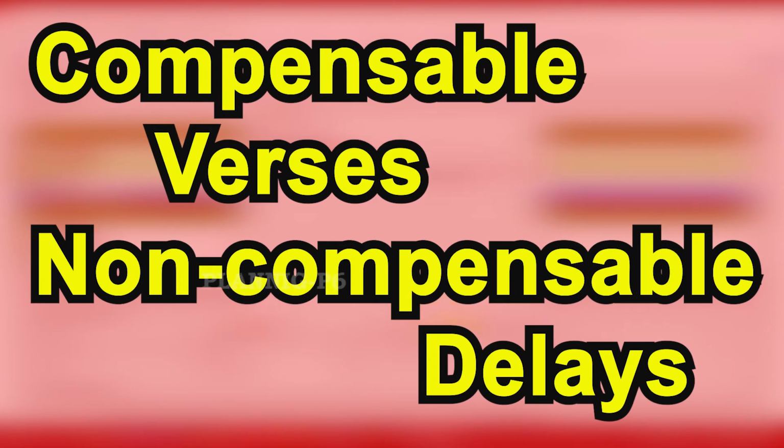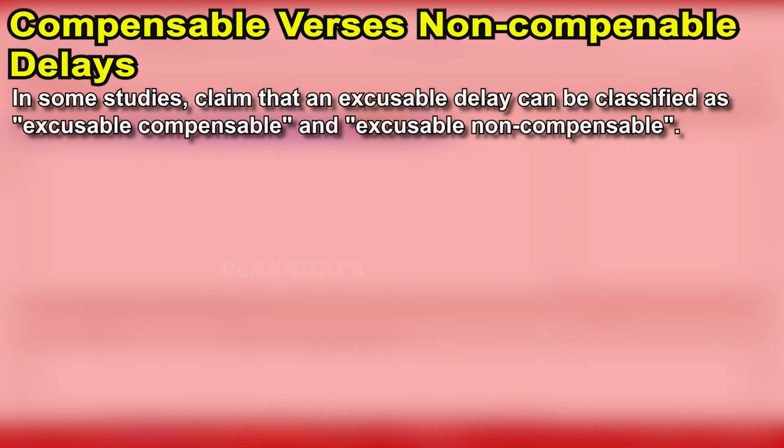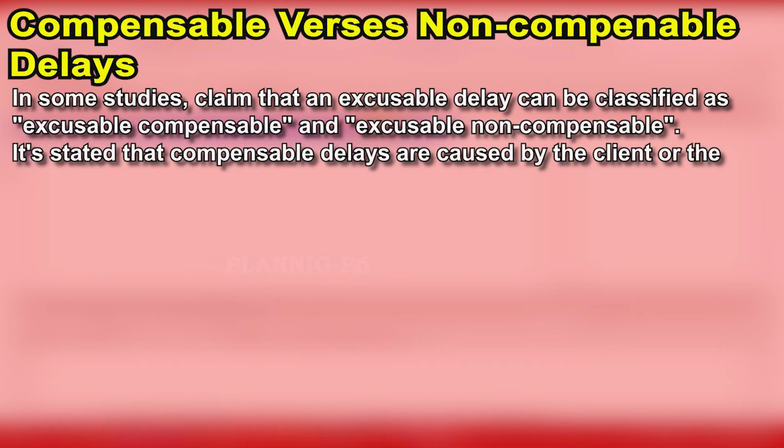Number 8, lack of action by stakeholders such as inspections. Now, under the excusable delays, there are two types of delays: compensable versus non-compensable delays. Some studies claim that excusable delay can be classified as excusable compensable and excusable non-compensable. Compensable delays are caused by the client or the engineer.